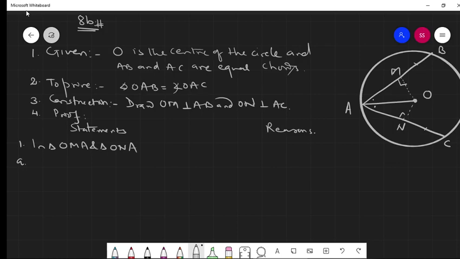We have to show that both angles are 90. This is a common side, and OM and ON are equal, as equal chords are equidistant from the center. So we can apply the RHS axiom. Angle OMA equal angle ONA, reason: this is by construction.